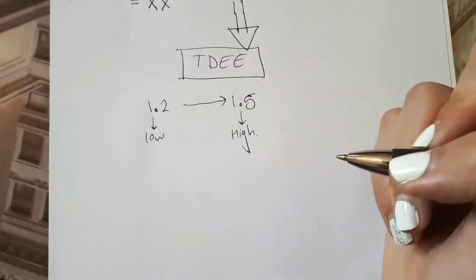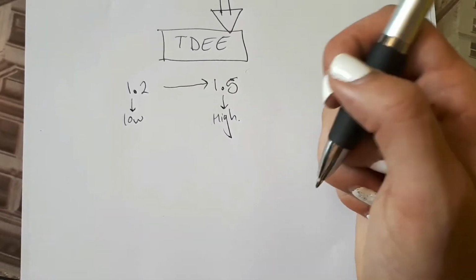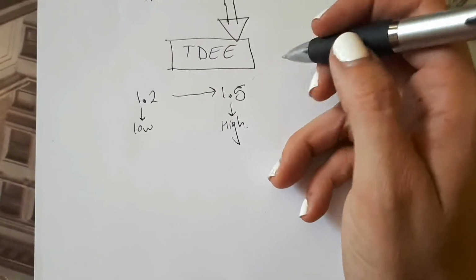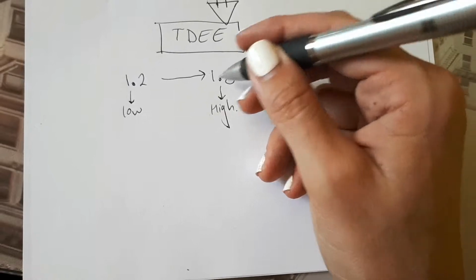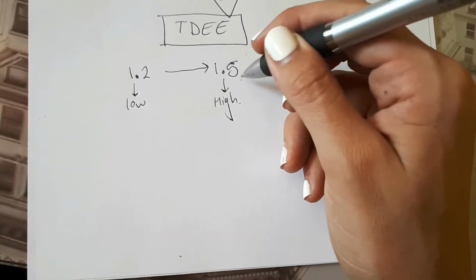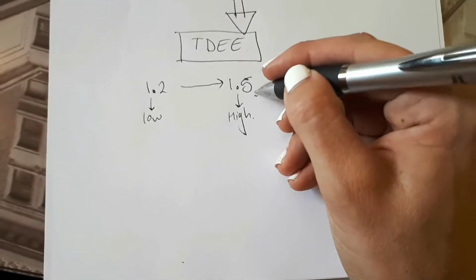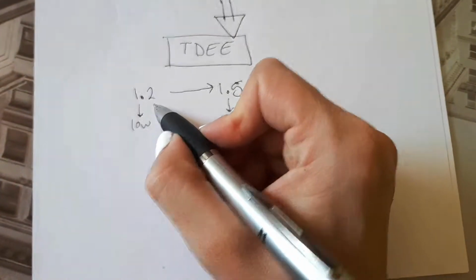So maybe you work in construction or you have to lift and move heavy equipment. Your job is very taxing, so you'll use a lot more calories here than you would here.